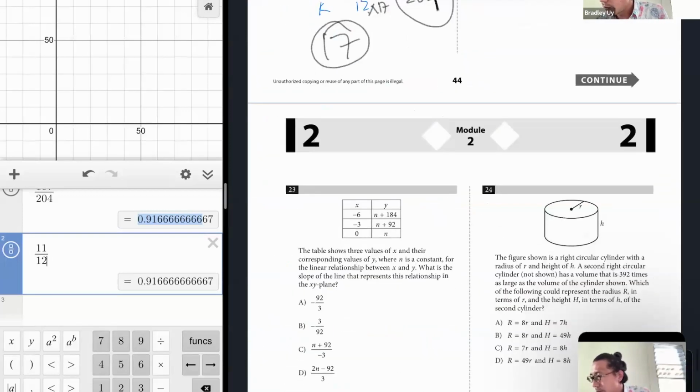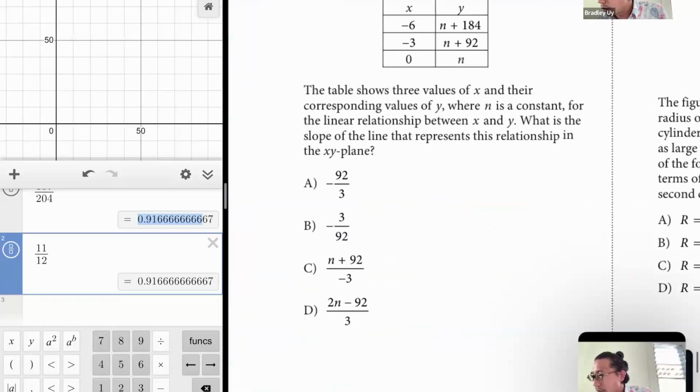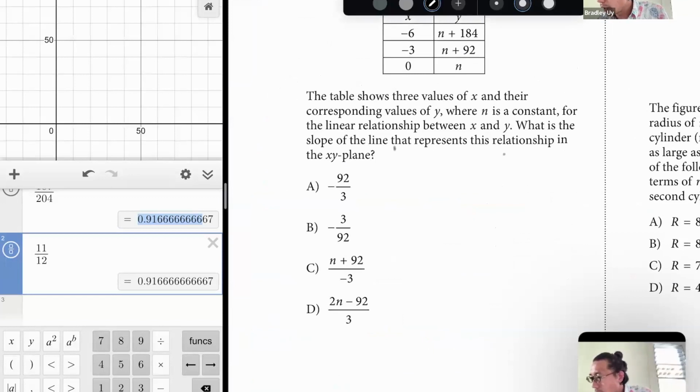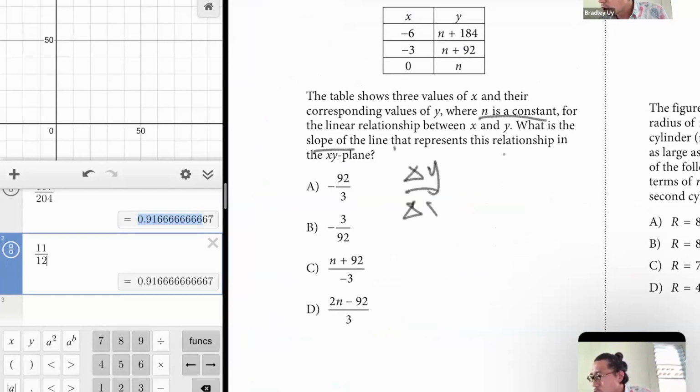Okay, last few guys, 23. We've got a table of x values and y values. n is just a constant. What is the slope? Slope is defined as change in y over change in x, which is y2 minus y1 over x2 minus x1, as long as you don't change the order.